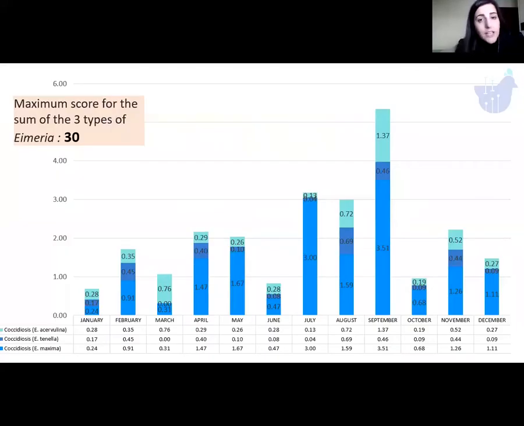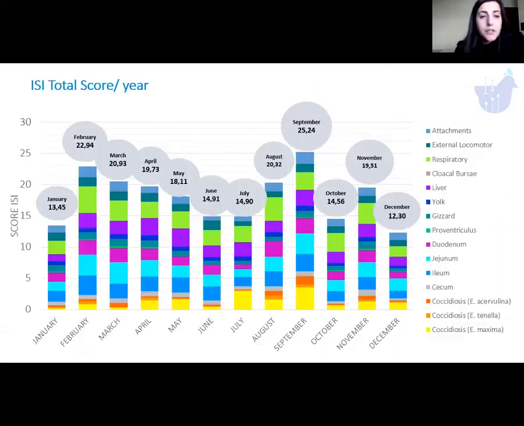We also observed that September had the highest presence of coccidiosis lesions: 70.8% represent the presence in September.